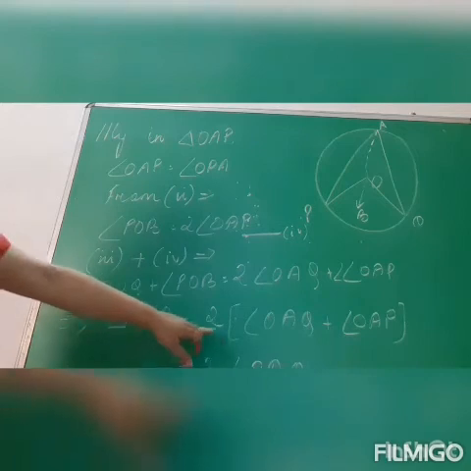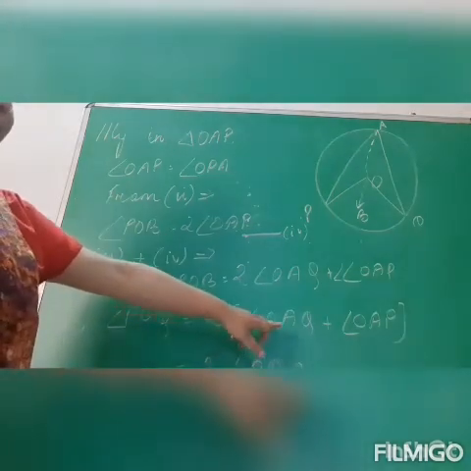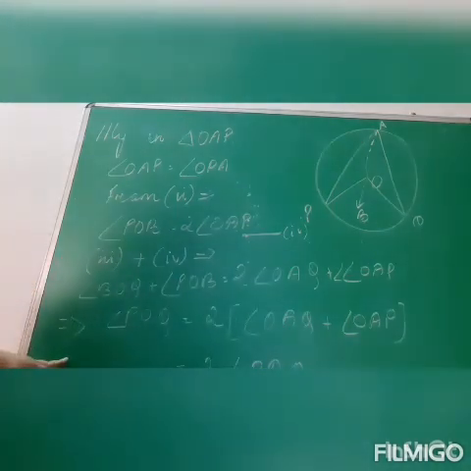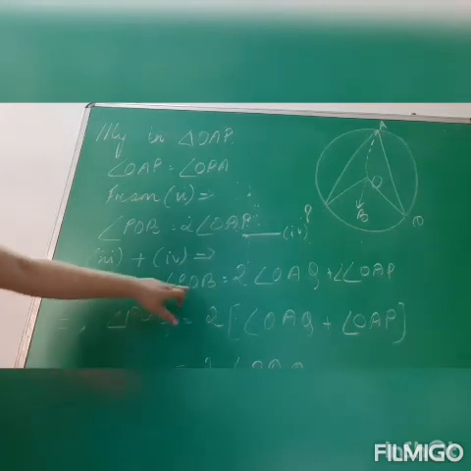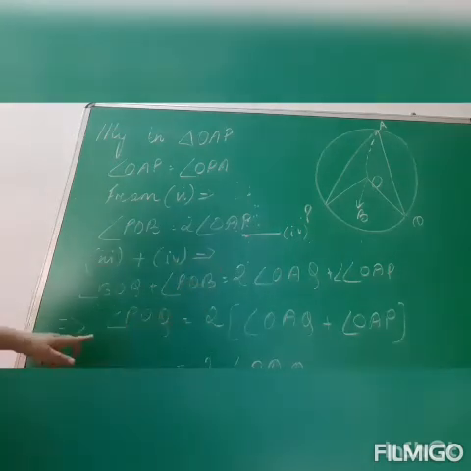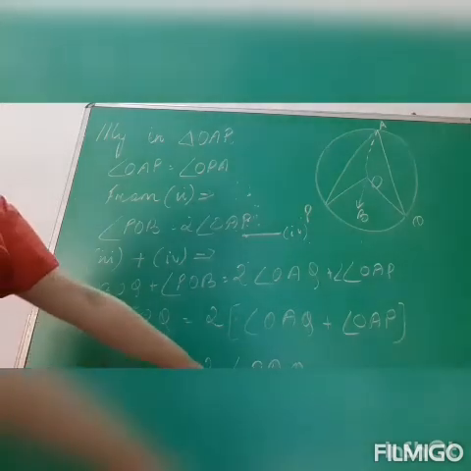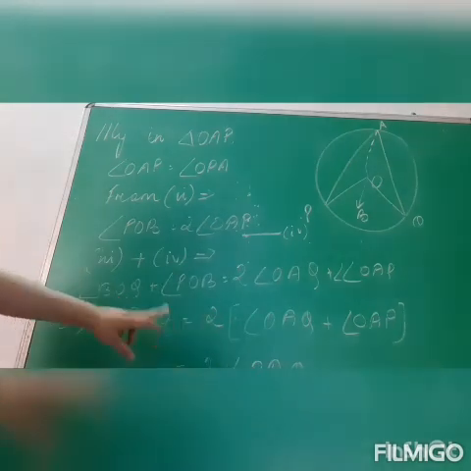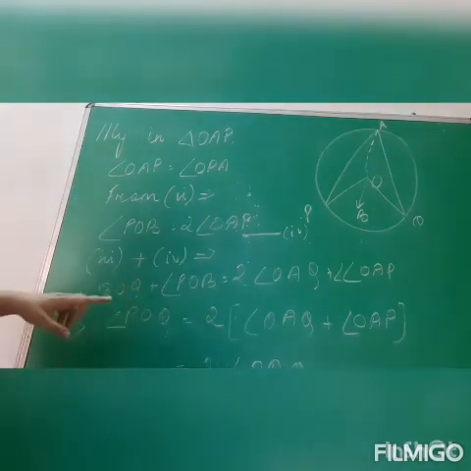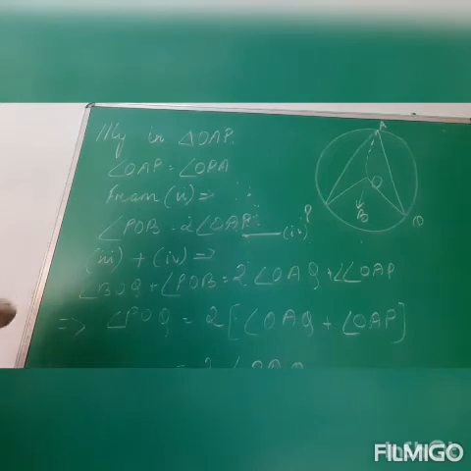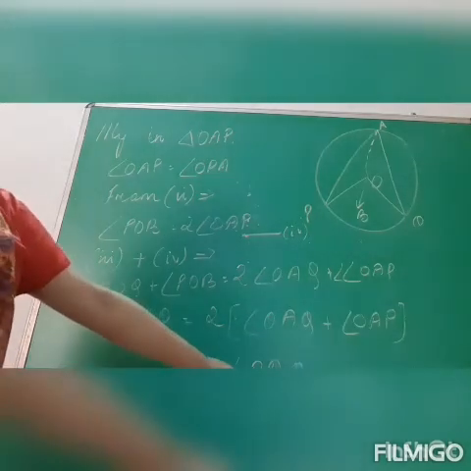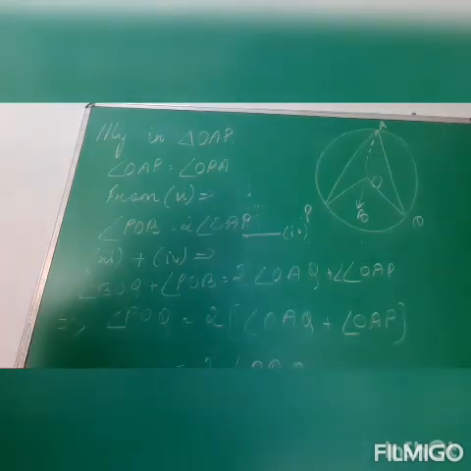Take 2 common: angle OAP plus angle OAQ. And BOQ plus POB, from the figure, gives angle POQ. So angle POQ is equal to twice angle PAQ, because from the figure, angle OAQ plus angle OAP gives PAQ. So POQ is equal to twice angle PAQ. Keep this as equation number 5.